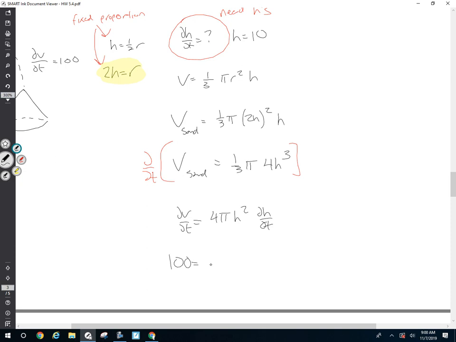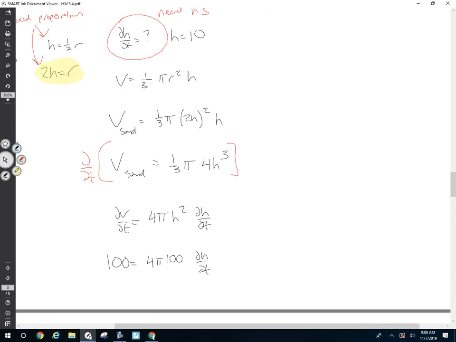H is 10. dH/dt is what I'm trying to find. I'll get 1/4 pi is dH/dt. The hundreds cancel, divide by the 4 pi as well.